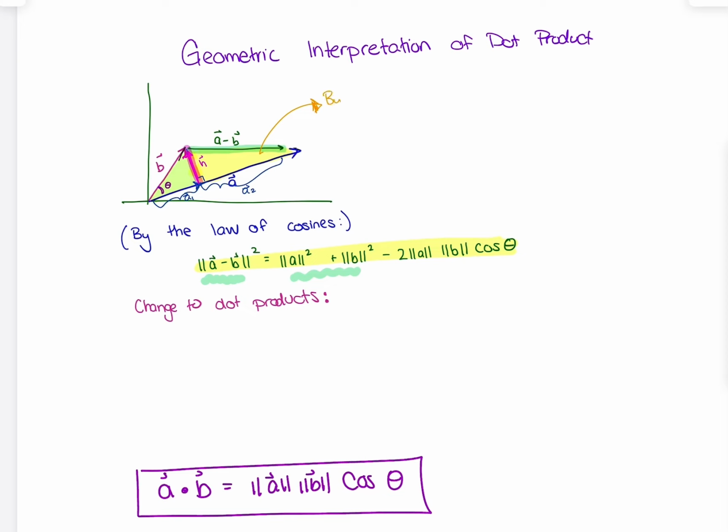So I'm going to say by the Pythagorean theorem, I get that the magnitude of that A minus B vector, so that magnitude of that hypotenuse, is just going to be equal to the magnitude of that H vector plus the magnitude of that A2 vector.